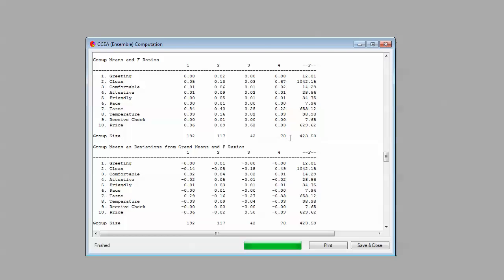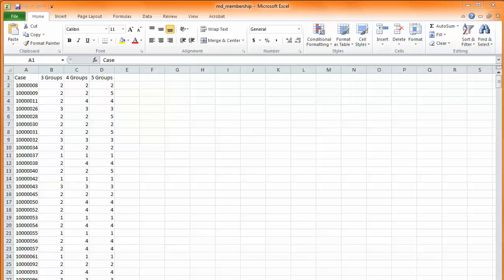One more output that's valuable from the CCEA program is an output that shows which segments each respondent gets assigned to under each of the solutions. So after we've done all the hard work of going through the various solutions and looking at 3 versus 4 versus 5 segment solutions, and maybe picking out which one of those we like the best, and having the software help us pick out which particular version of a 4-group solution we like the best, say, we can open this file.